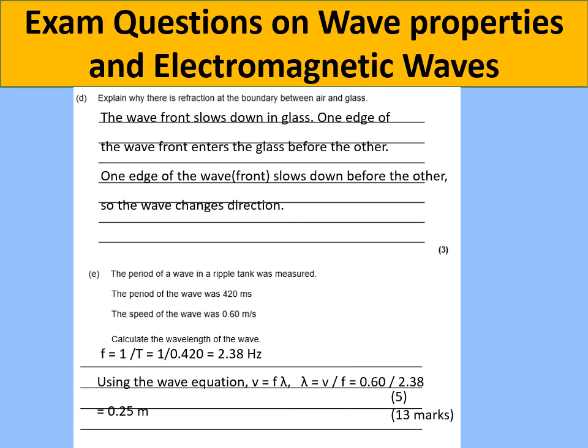Now we've got the frequency and the wave speed, we can use our wave equation, v is equal to f lambda, to calculate the wavelength of this wave in the ripple tank. So we rearrange the equation to make the wavelength the subject: lambda is equal to v over f, which is 0.60 divided by 2.38, which gives us 0.25 meters.